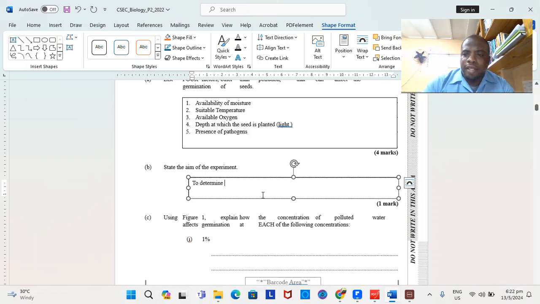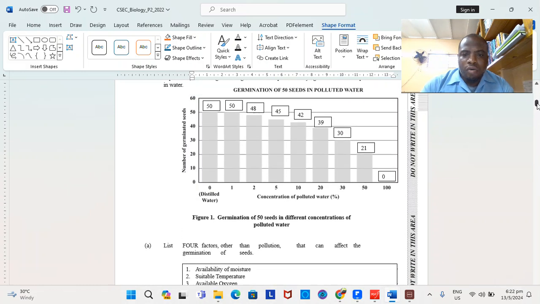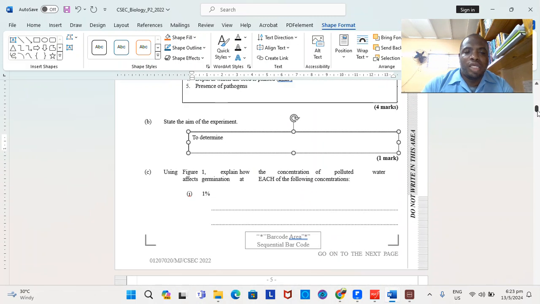If we take a step back, we were looking at the concentration of polluted water. The students or the persons were looking at how many seeds germinated based on the varying concentration of pollutants.